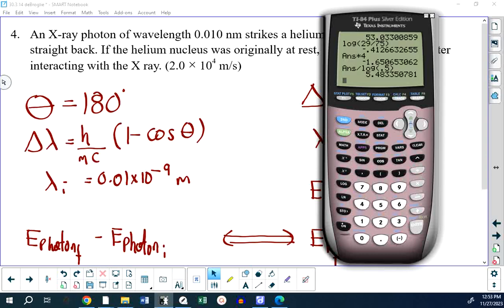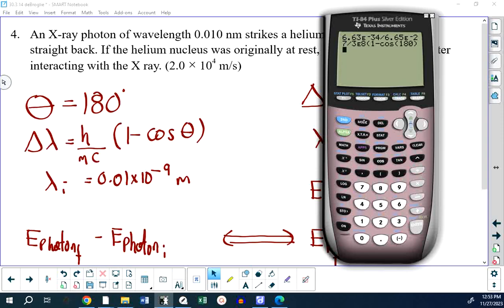So, first of all, what is the wavelength shift? It's Planck's constant divided by mc, which is 6.65 times 10 to the negative 27, because it's not an electron, and also divided by the speed of light, and multiplying by 1 minus cosine of 180, double checking my mode, and double checking all of my numbers.